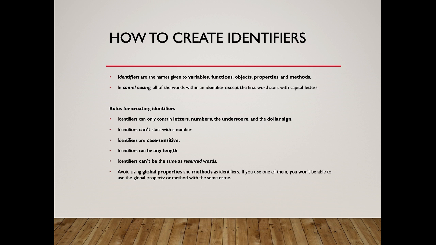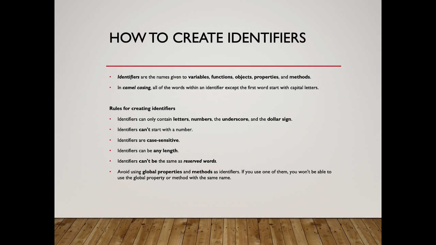Rules for creating identifiers: an identifier can contain letters, numbers, the underscore, and the $ sign. Identifiers cannot start with a number, but once you start with anything else, then a number is fair game. As mentioned, they're case sensitive. Identifiers can be any length, although don't make it so short that it's not helpful, but don't make a 1,000-character long variable name because you'll have to constantly type that.